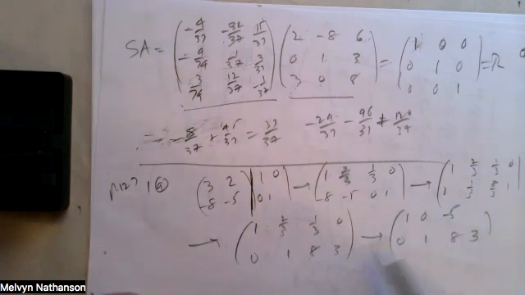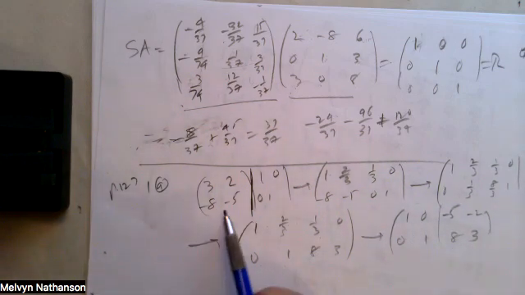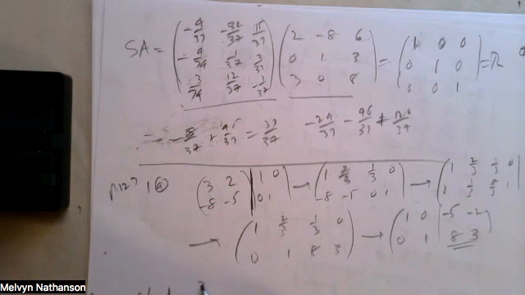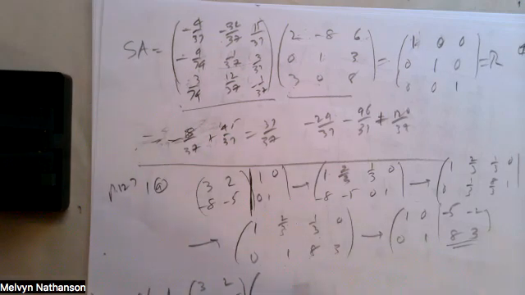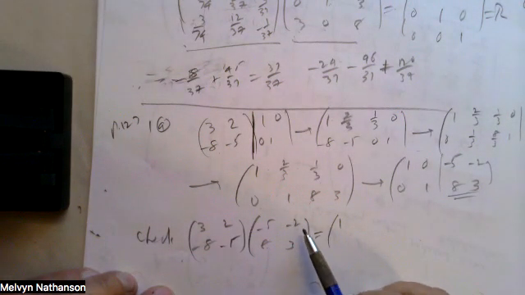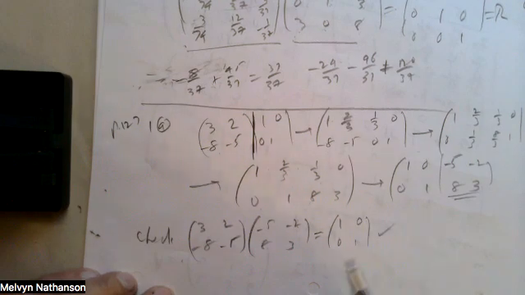And minus 2 thirds times 3 is minus 2. So it should be that the inverse is this matrix. So let's check. 3, 2, minus 8, minus 5 times minus 5, minus 2, 8, 3. That's minus 15 plus 16, minus 6 plus 6, 40 minus 40, 16 minus 15. So that checks.